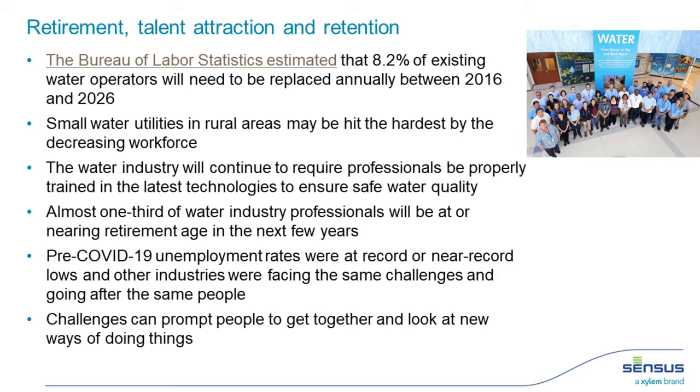And so the qualifications, the bar has been raised a little bit higher. So almost one third of the water industry professionals will be at or nearing retirement in the next few years. And that's a significant number of people that will be in the retirement area.